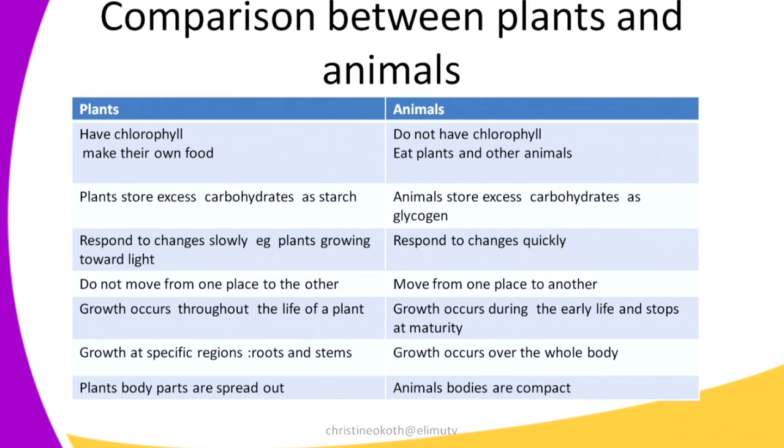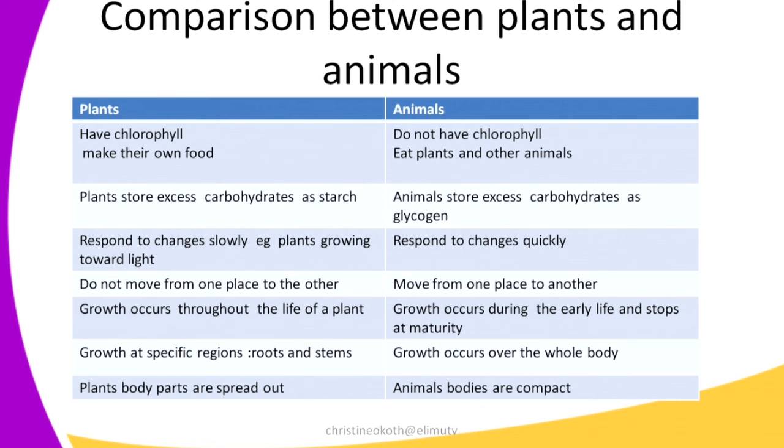It's not going to do it quickly, but it's going to move in that direction at a slower pace. While animals respond to changes very quickly. For example, if a human being or an animal is pricked by a thorn, he is going to withdraw his hand or his feet immediately because he is able to respond to the change quickly.